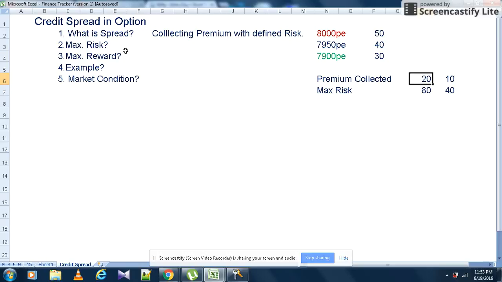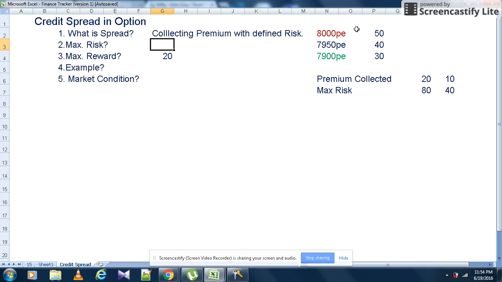So this is the maximum reward, that is 20, if you are doing it with 8000 and 7900. And what is the maximum risk? If the market goes against you and falls drastically, say at expiry it is at 7,900 or below, then the 8,000 put contract will be worth around 100 rupees.